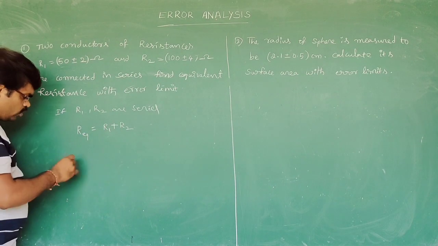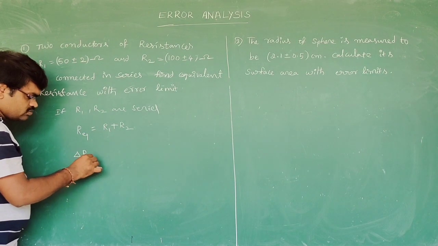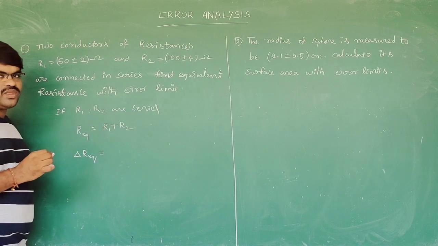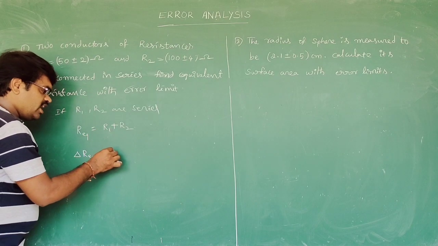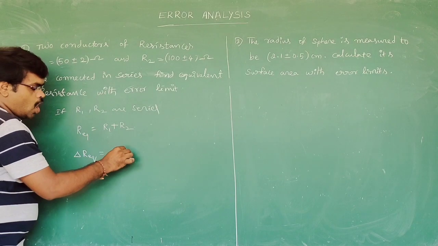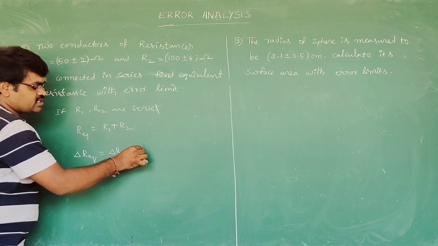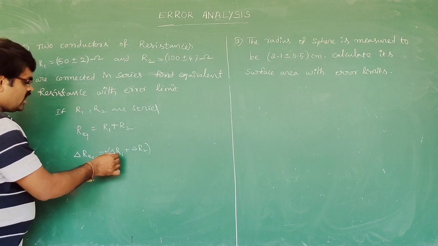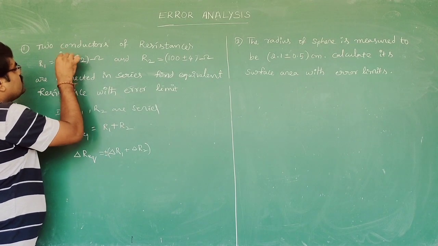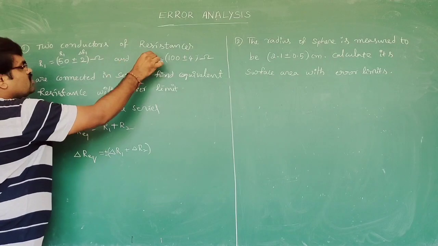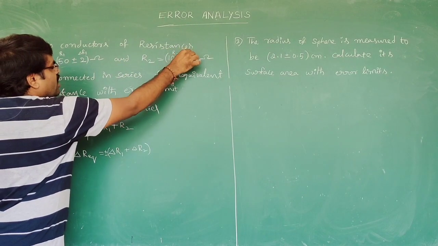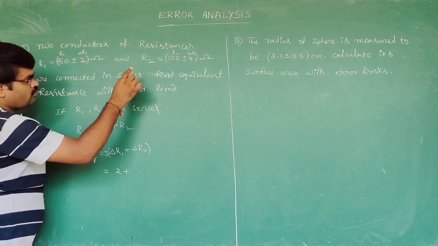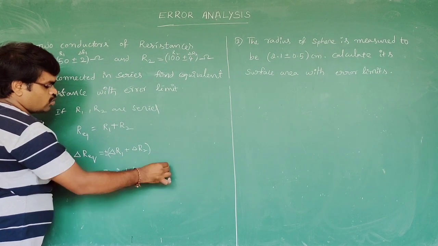We calculate delta R_eq, the error in the resistance. That must be equal to the sum of the errors of the individual resistors: delta R1 and delta R2, the absolute errors. Then we write 2 plus 4, and we get 6 ohms.